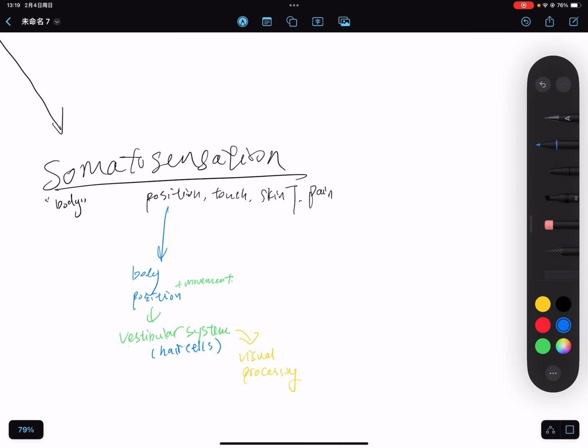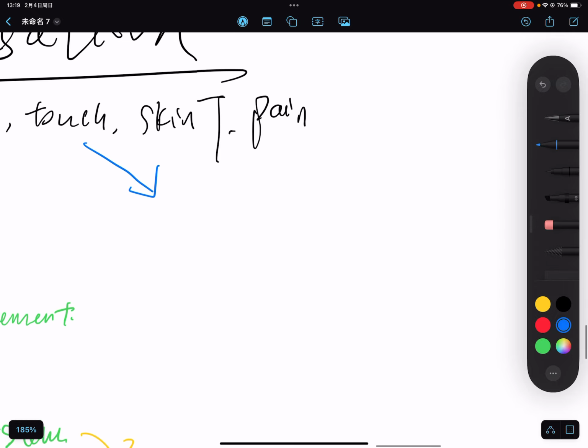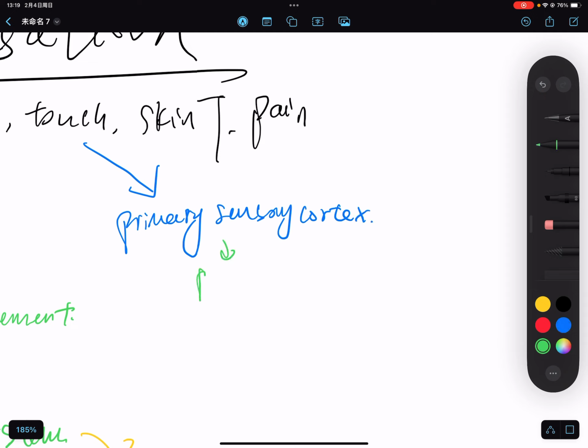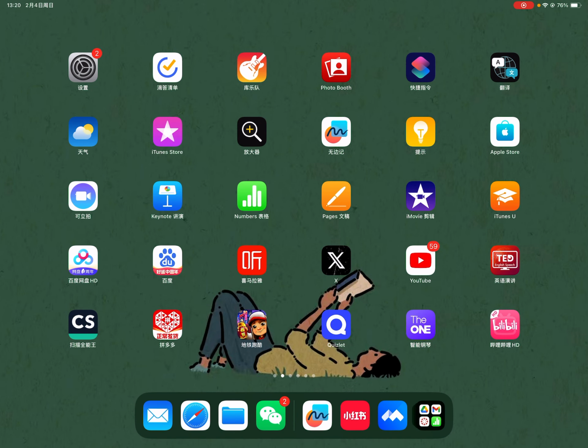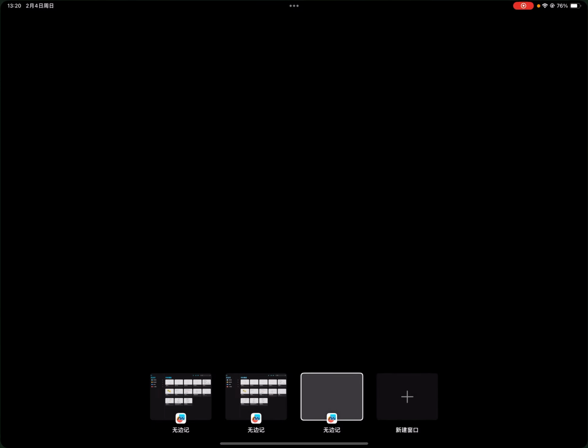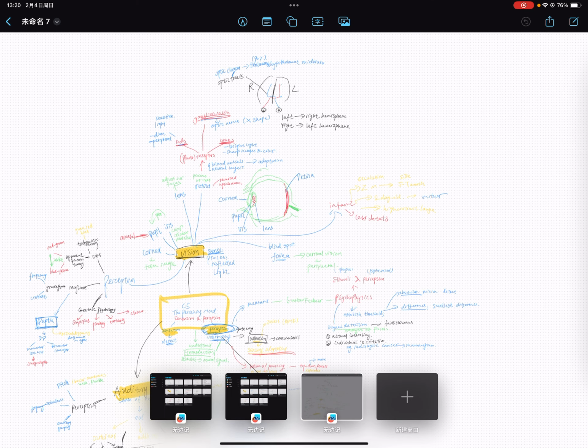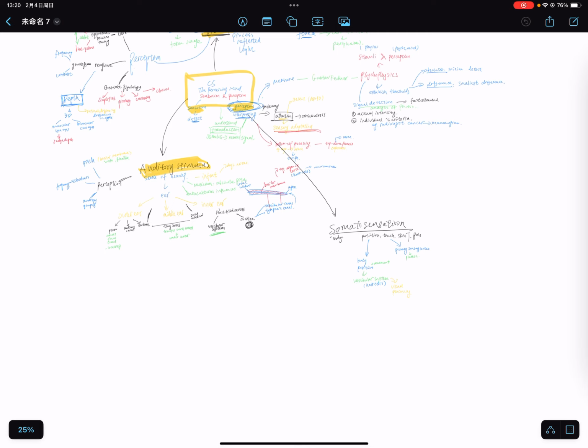Okay, let's talk about the second, touch. The representation of touch is in the primary sensory cortex, which is really plastic, and this means that its response changes, increasing and decreasing with the input from the body part.